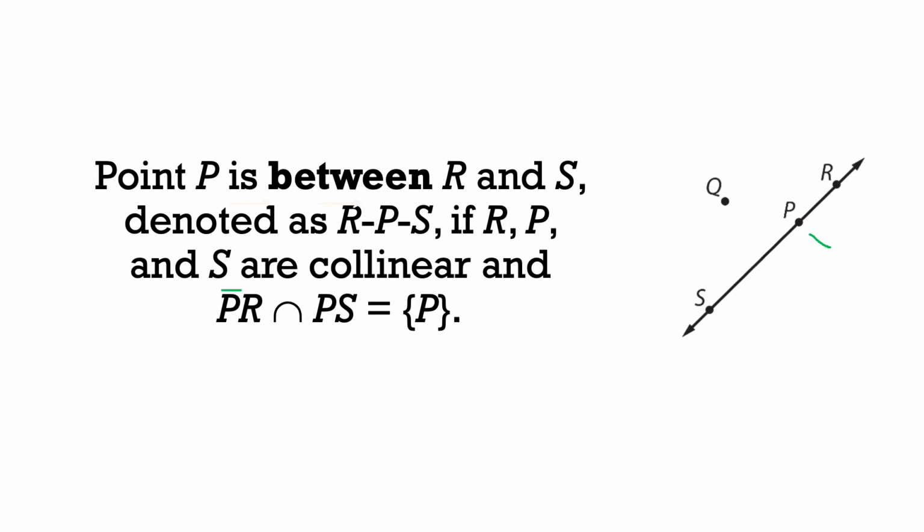Whoops, these are supposed to have arrows on top. I forgot to add those. But the intersection of PR, so I'm going to go ahead and make my arrow. There's PR and PS. There we go. So I have my two rays, and their intersection is point P, because that's in between R and S.